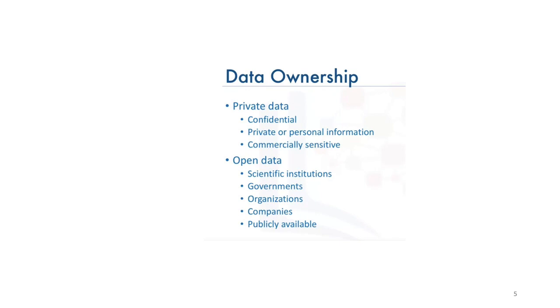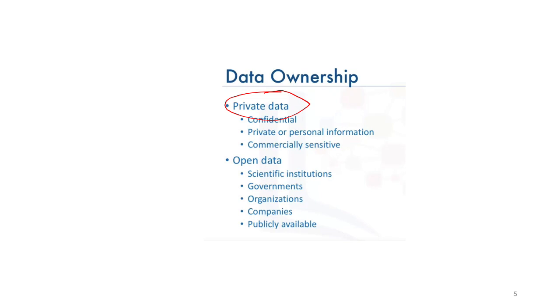We can also make the difference between private data and open source data. So private data is local to that organization or institution, and it's not allowed to be shared outside it.